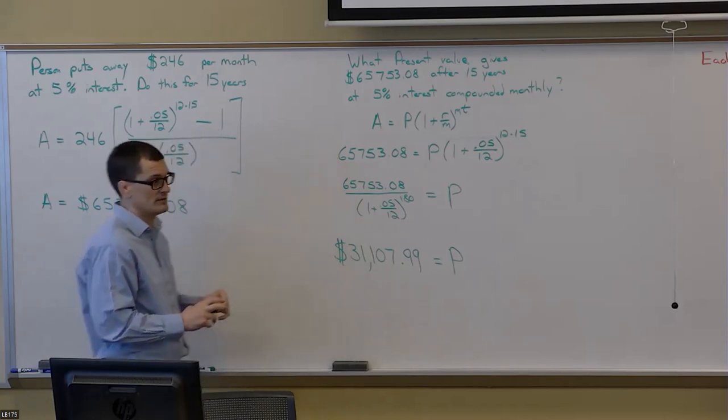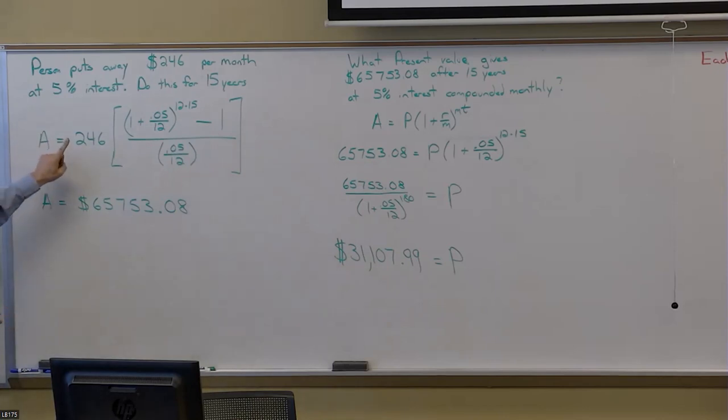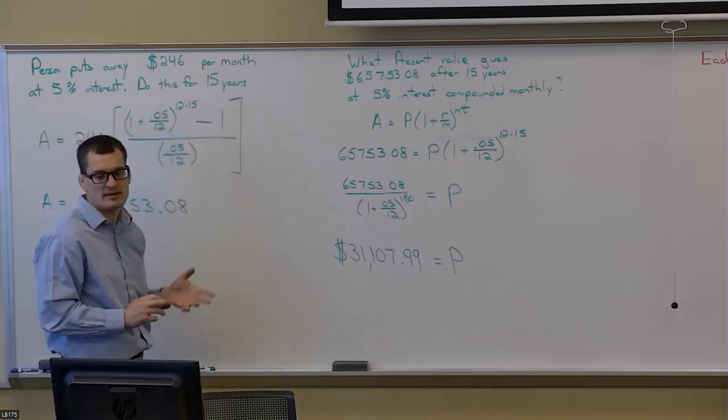But also, this annuity where you pay in $246 every month would also produce $65,753.08. Does that make sense? As long as it's the same interest rate and the same time period.